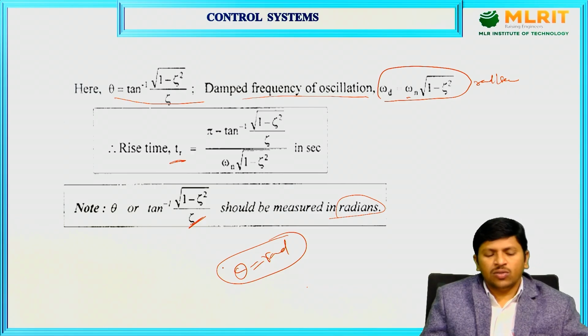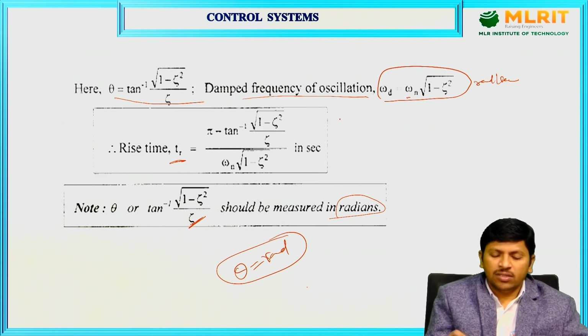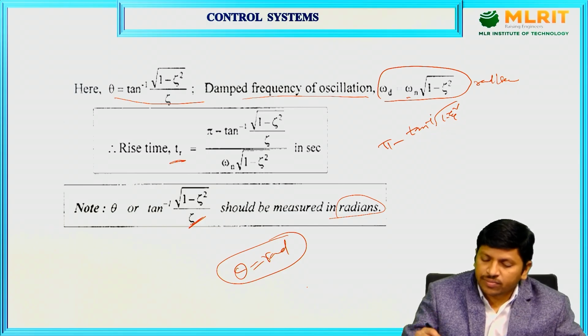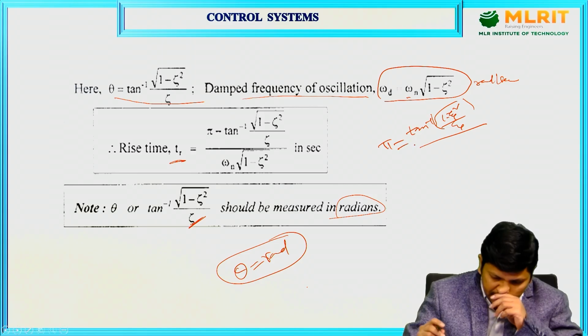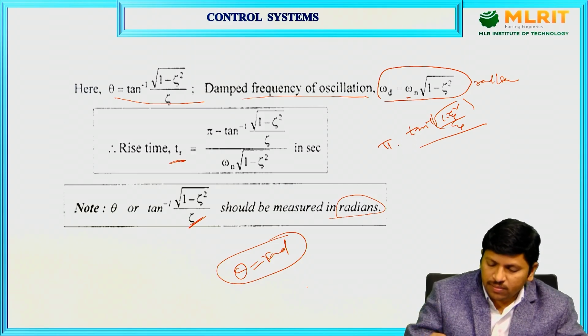Measured in radians only, right? This is the rise time expression. Rise time Tr equals (π minus tan inverse of under root 1 minus zeta square divided by zeta) divided by omega n into under root 1 minus zeta square.